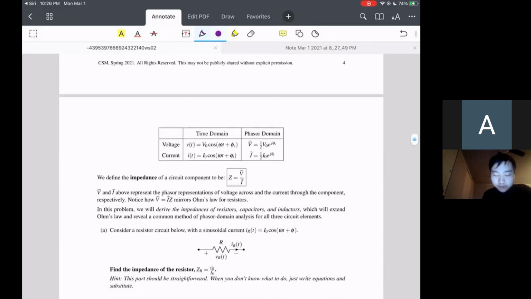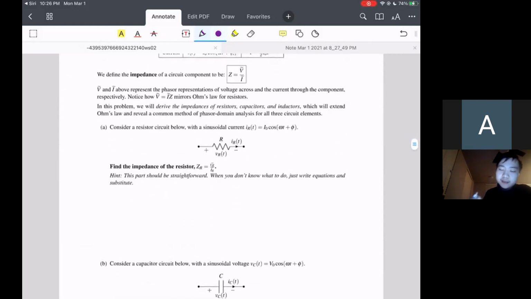So in this question, we define the impedance of a circuit component to be the ratio between the phasor voltage and the phasor current. Remember when we talked about the fact that you can do phasor current as well as phasor voltage equally well.